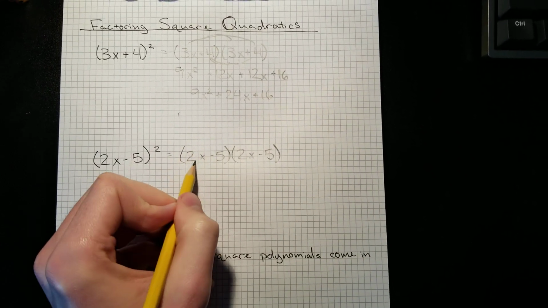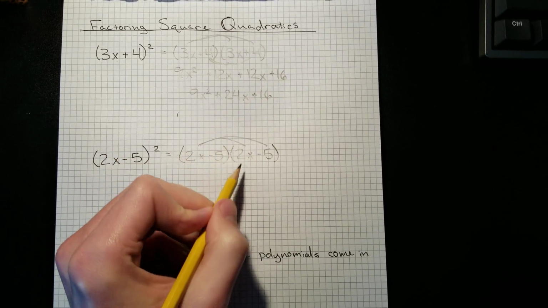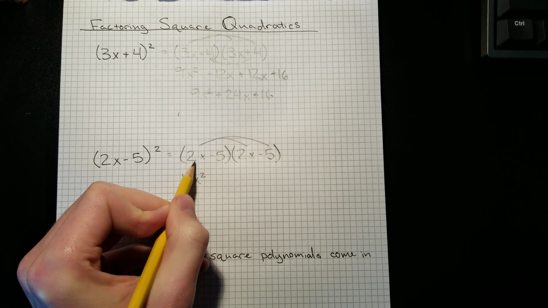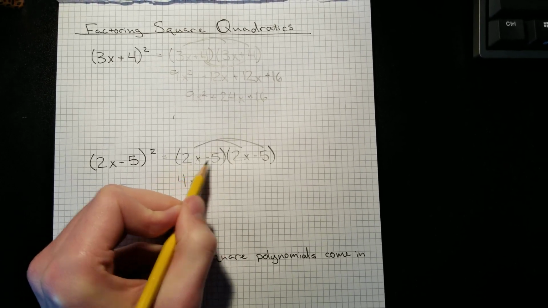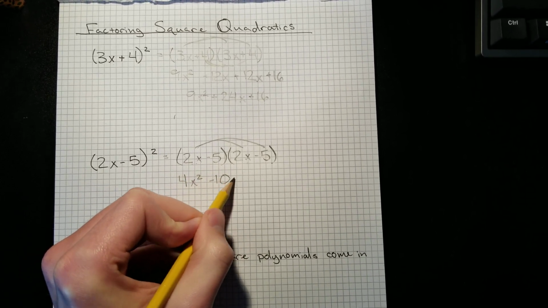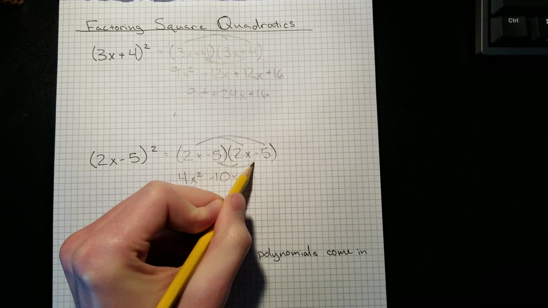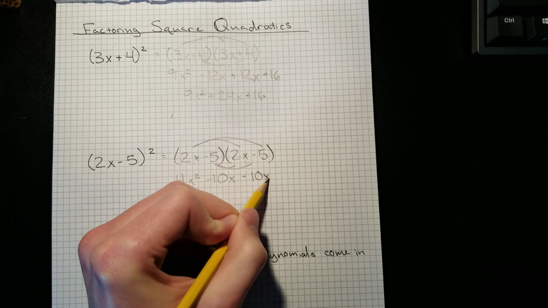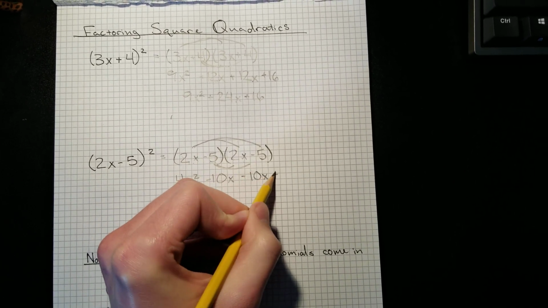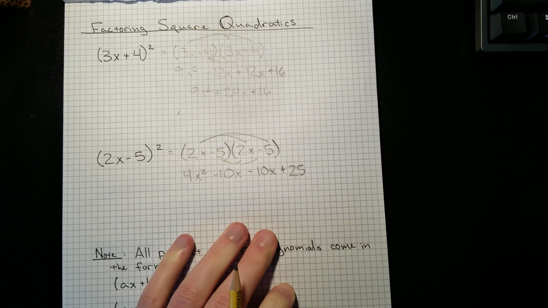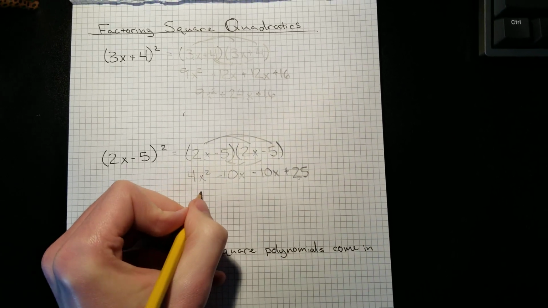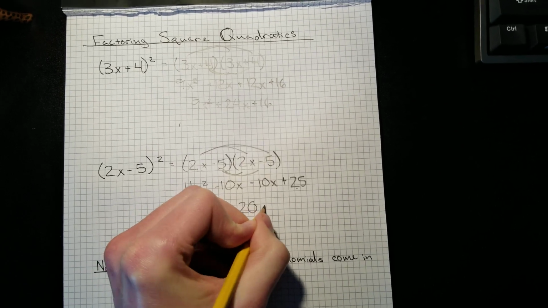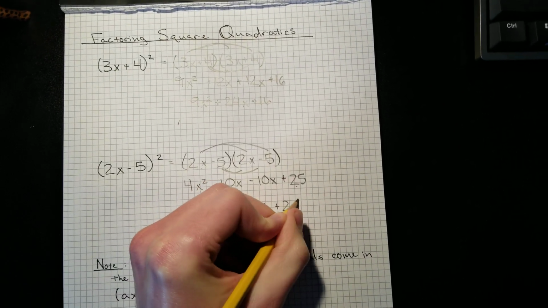So 2x times 2x is 4x squared, and 2x times negative 5 is negative 10x. Distribute the negative 5, so negative 5 times 2x is negative 10x, and negative 5 times negative 5 is positive 25. Make sure that's a plus. So when we add this together, we get 4x squared minus 20x plus 25.